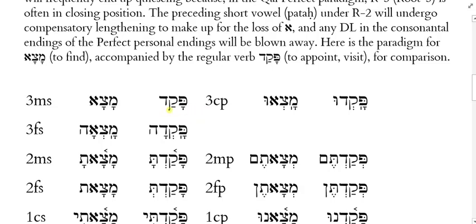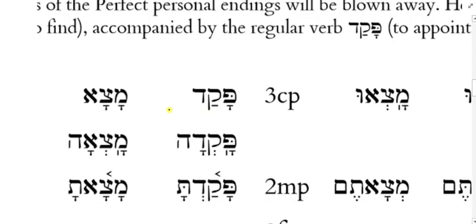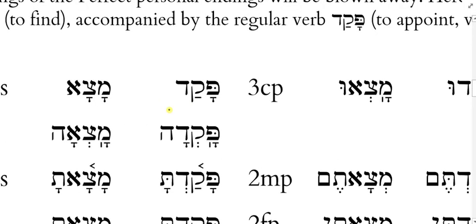Paqad, right? So what would I have expected the verb matza to have for its qal perfect form? It really should have been matza with a patah here, right? Just like paqad, matza. What does the aleph do, though, when it is in a closing syllable? Is it a good closer or a lousy closer? It's a lousy closer, and it will quiesce.